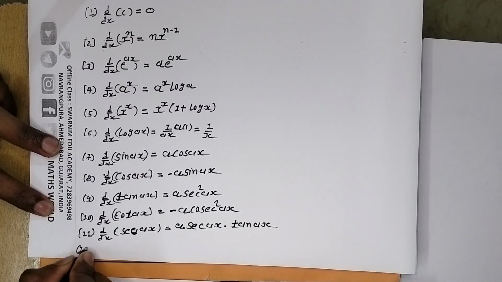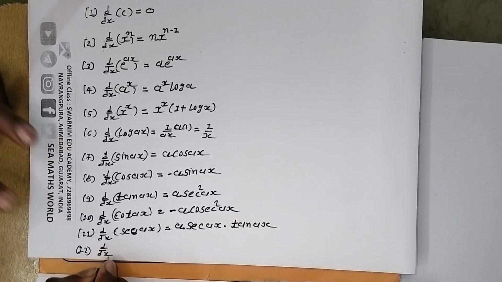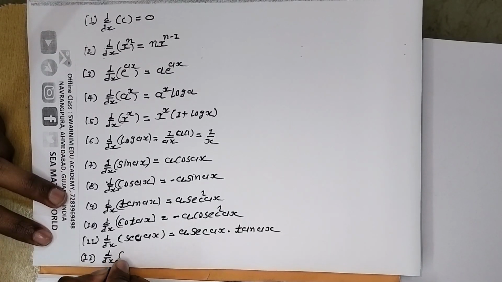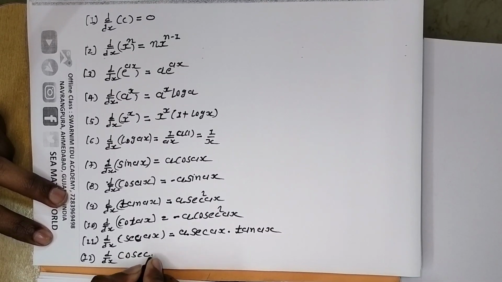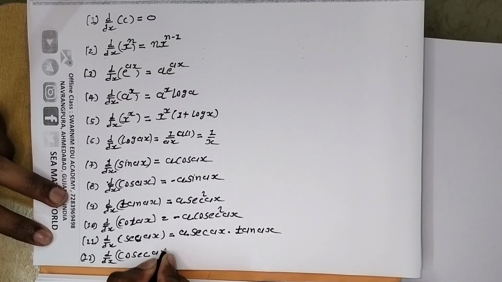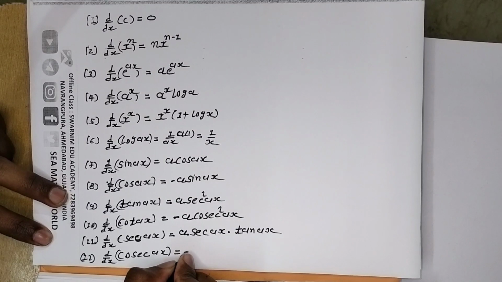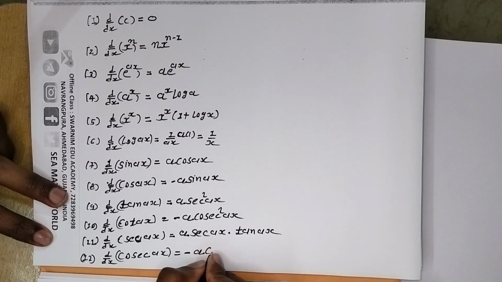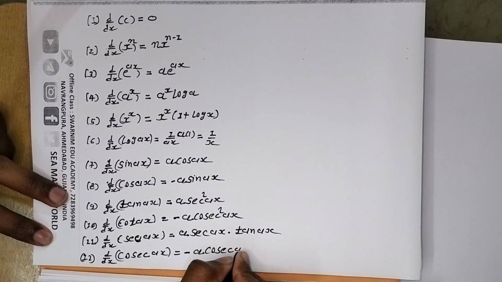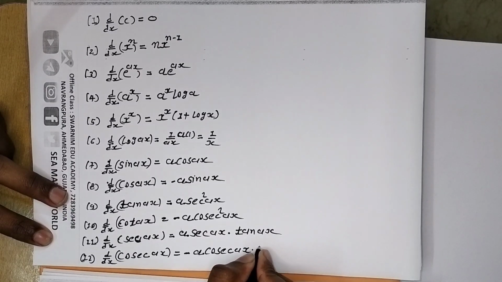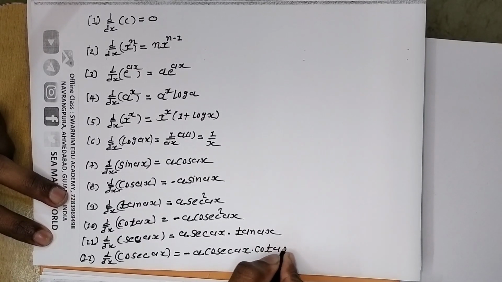Next, differentiation of cosec ax is equal to minus a cosec ax into cot ax.